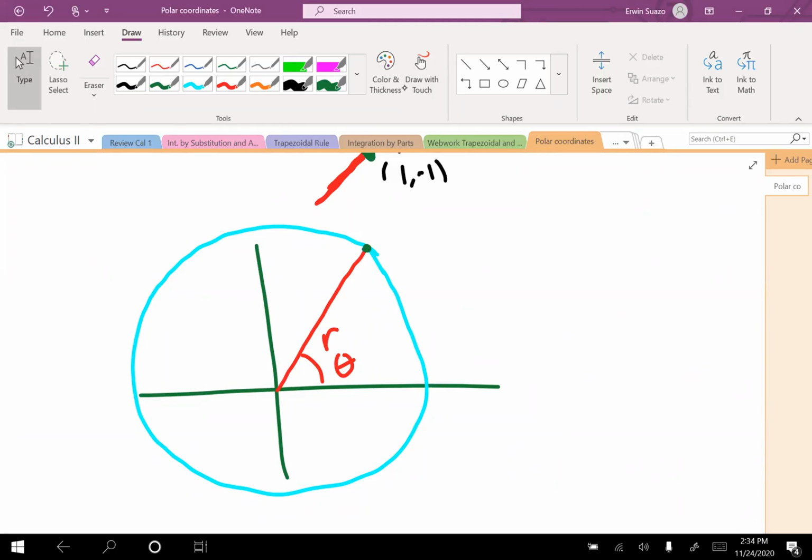Okay, so I want to show you, let me see how much time I have. I will have time, so we're going to do this interesting one.